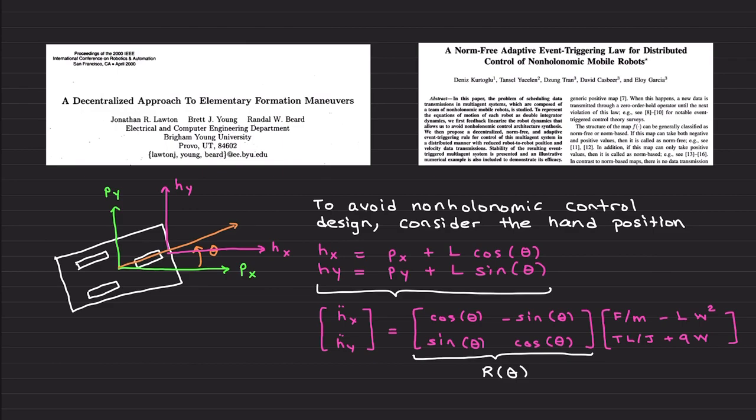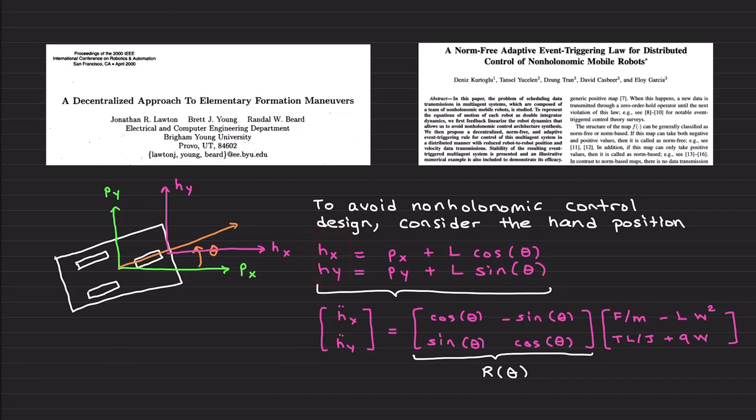The advantage of this technique is that you can have smaller control magnitudes. I will explain in a second. So let's start with the content from this paper. Instead of controlling px and py, we move that frame a little bit away from px and py, and we are interested in controlling the hand position hx and hy.